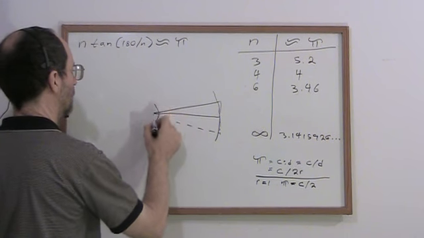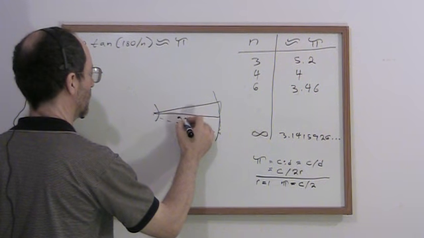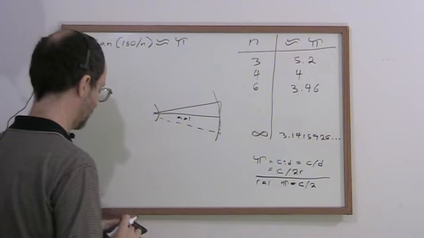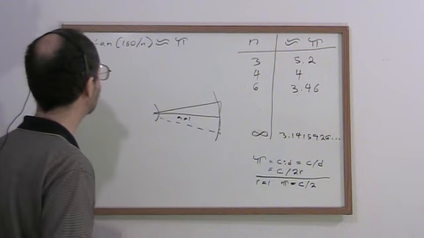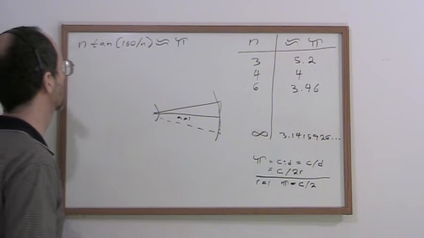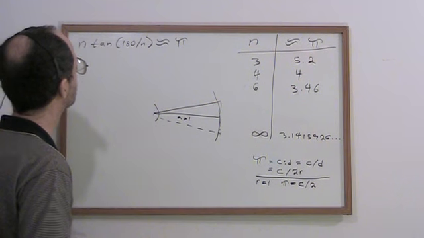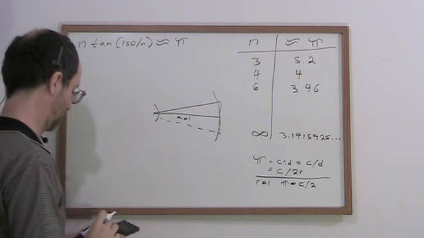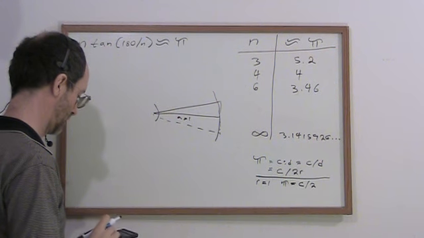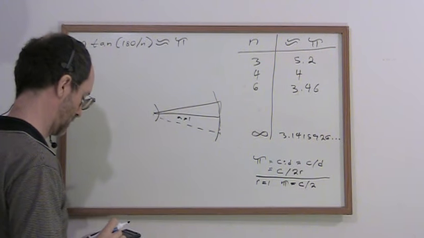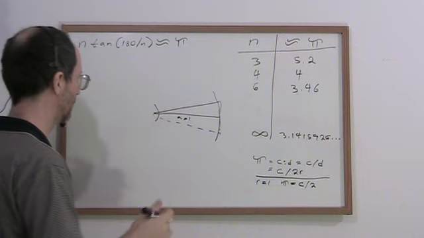And we know a equals 1. And for 20 sides, 180 divided by 20 is going to be 9.